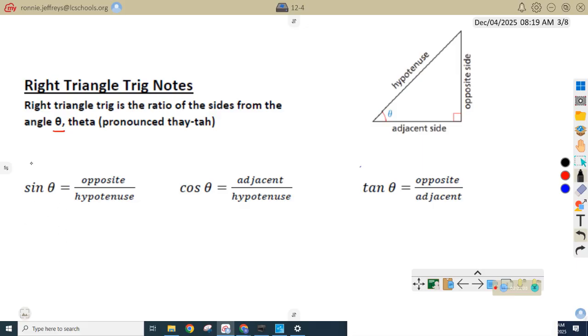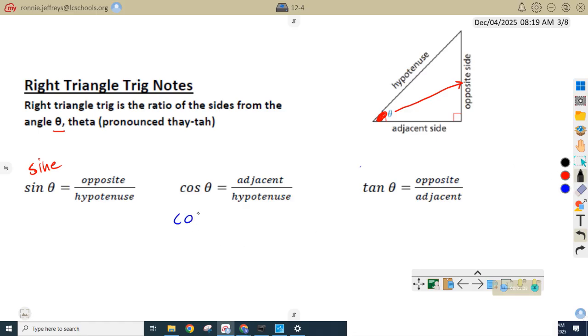This is pronounced sine, not sin. I don't know why they just took the E off to do shorthand. It doesn't make sense. So sine of theta: if we're at this angle right here, it's our opposite side over the hypotenuse.